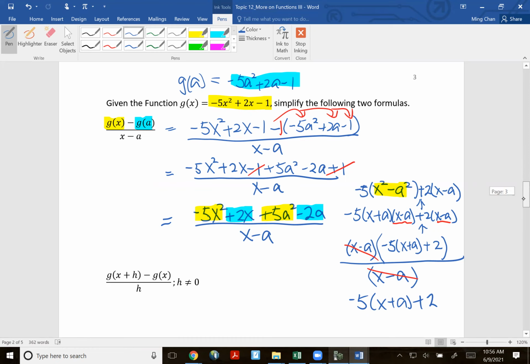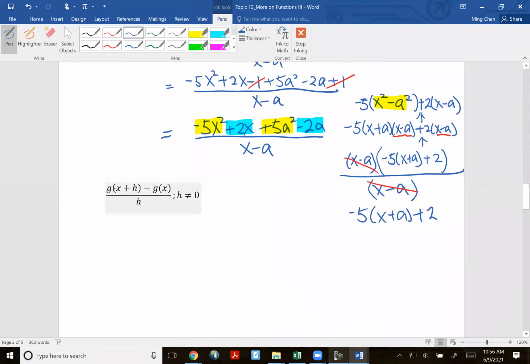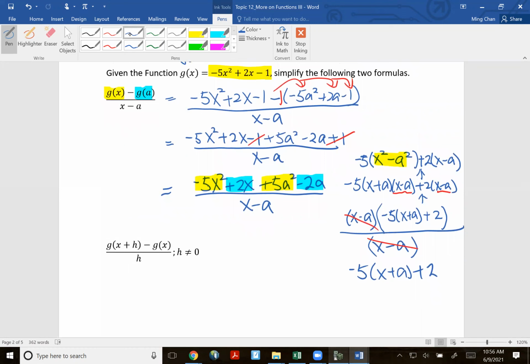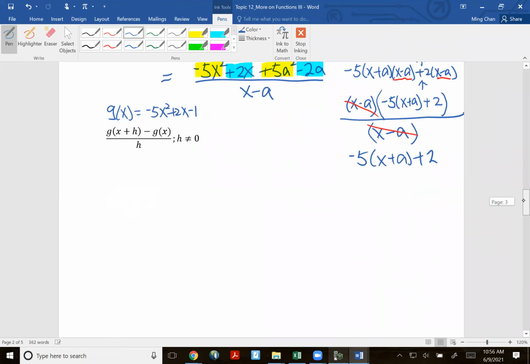All right, let's try this one. g of x plus h again. So I'm gonna write my function right above it. g of x is negative 5x squared plus 2x minus 1. All right, so let me simplify g of x plus h first, and then we can substitute into this formula.